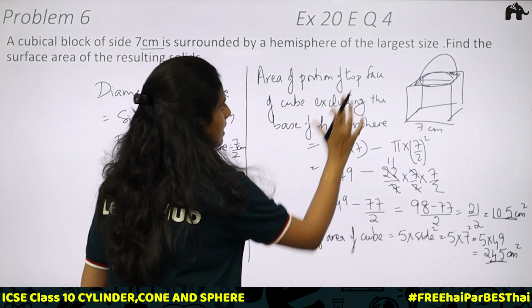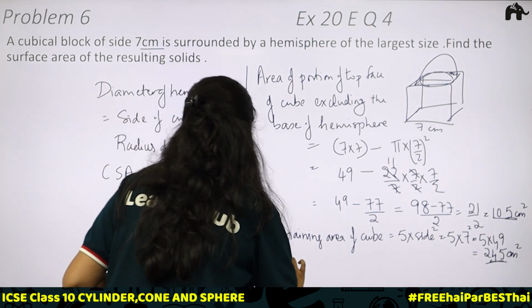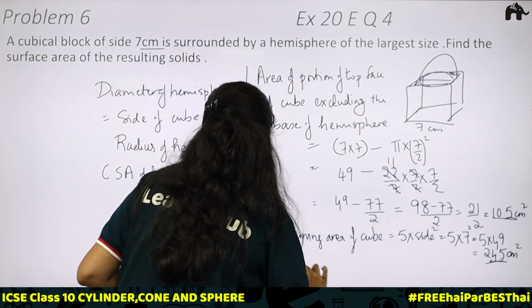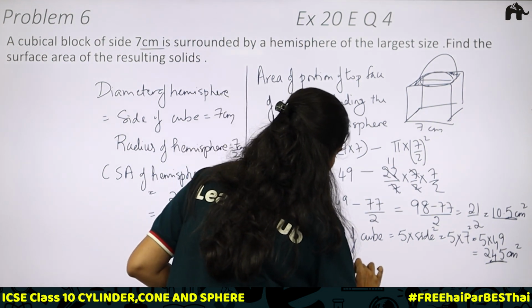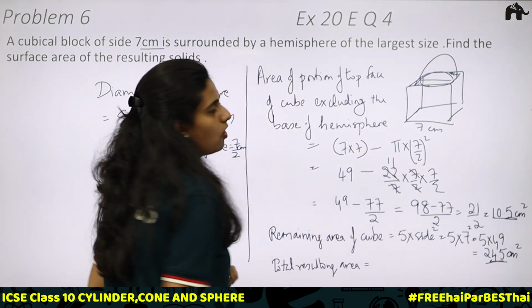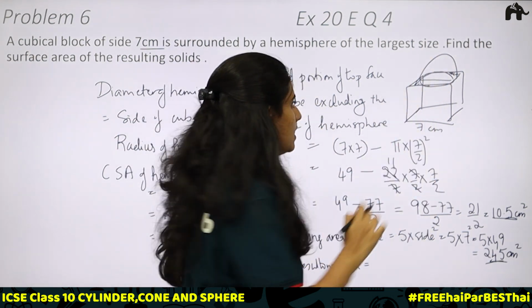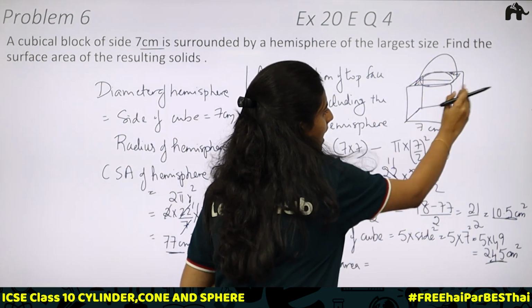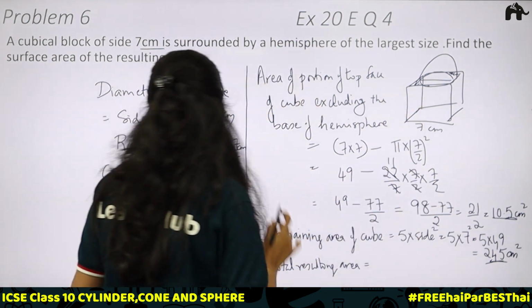So the total resulting surface area will be the sum of all these three. That is the curved surface area of the hemisphere, then the shaded portion, and the area of 5 faces of the cube. Okay, put the values.